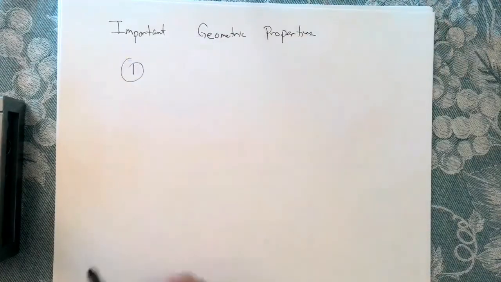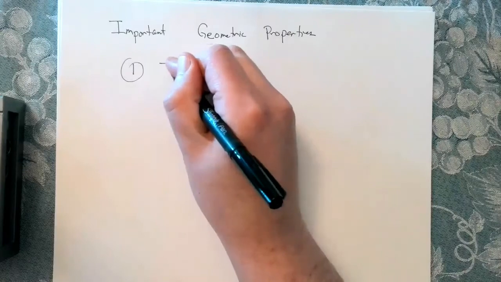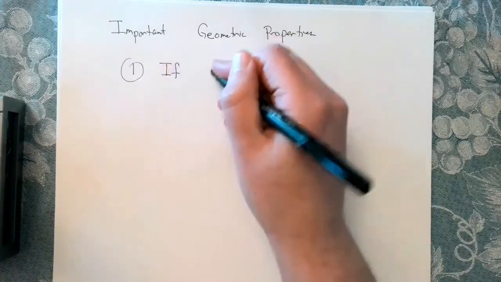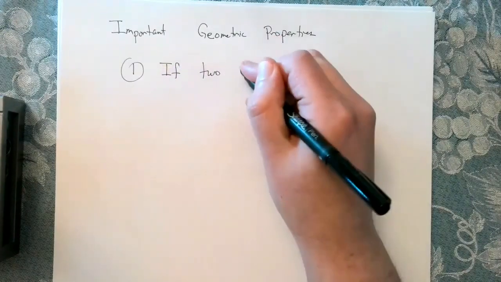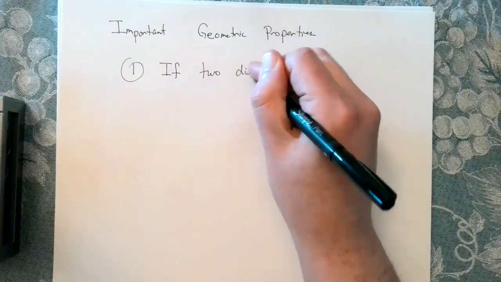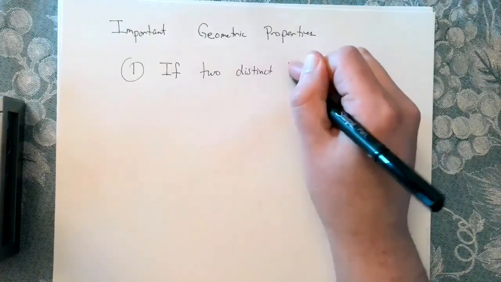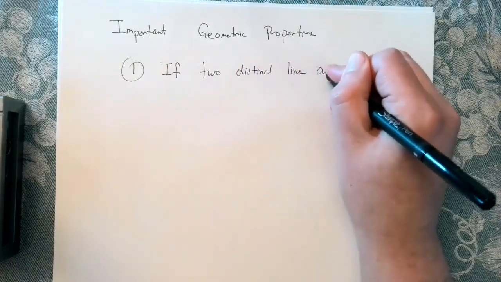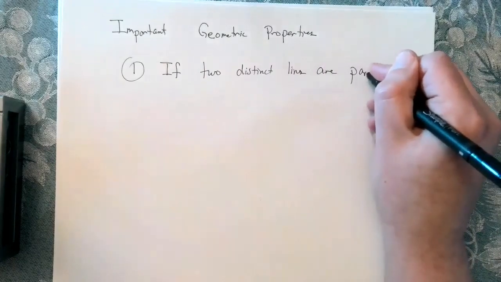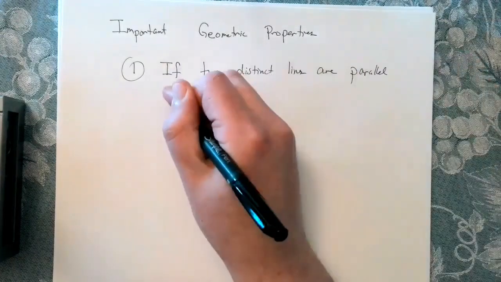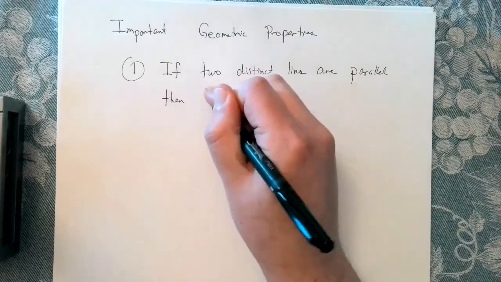One, if two distinct lines are parallel, then they have equal slope.